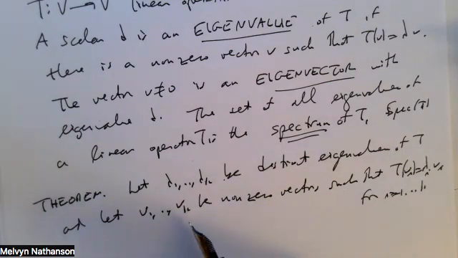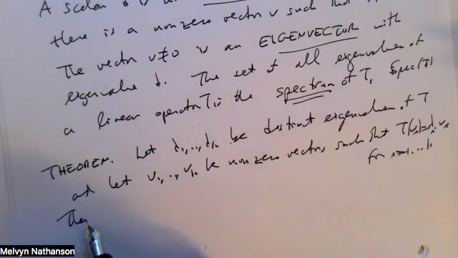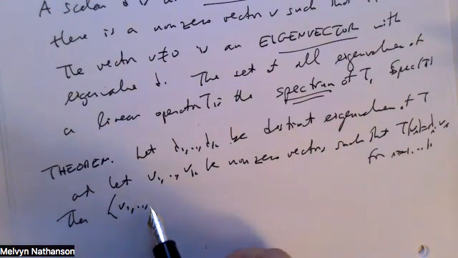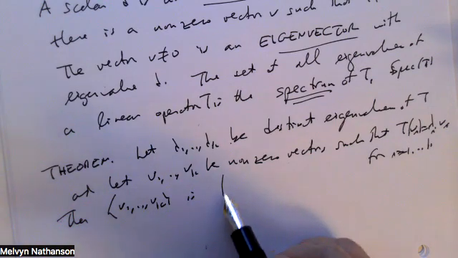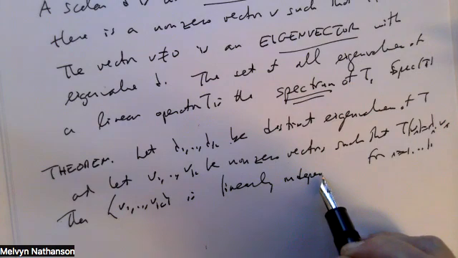So these are the eigenvectors corresponding to these eigenvalues. Then this set of eigenvectors is linearly independent.